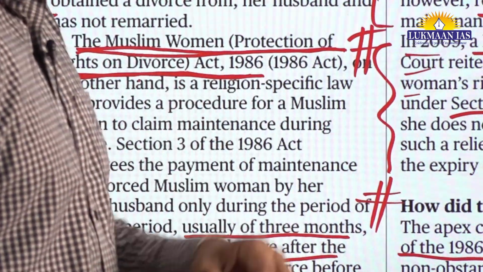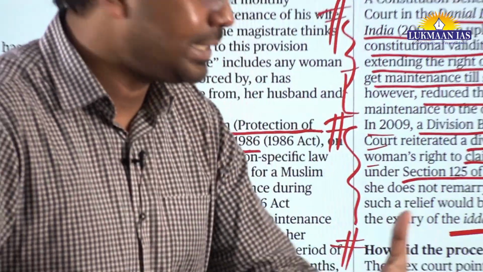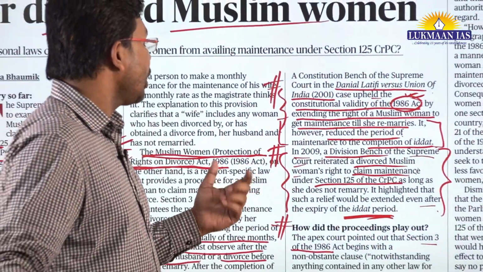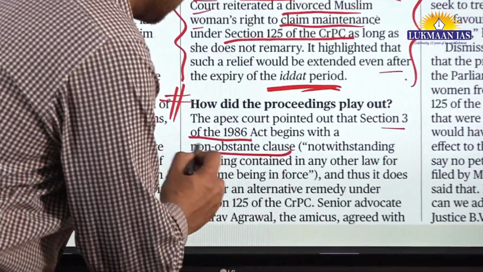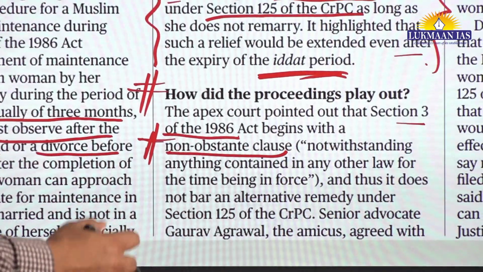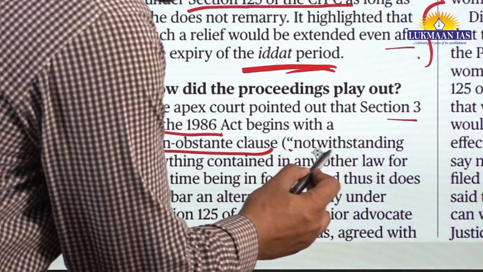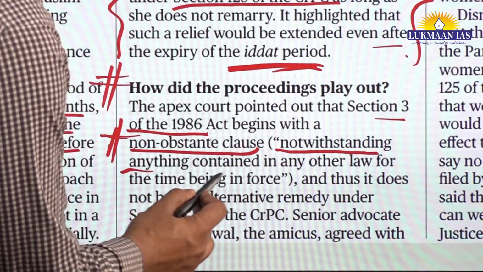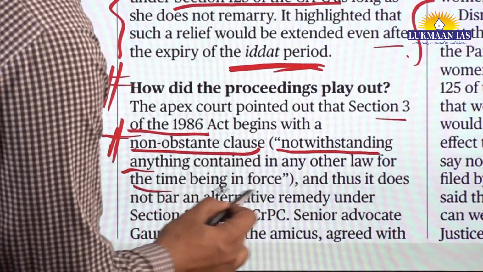The Supreme Court said that this act begins with a non-obstante clause. What is this non-obstante clause? It starts with "notwithstanding anything contained in any other law for the time being in force."